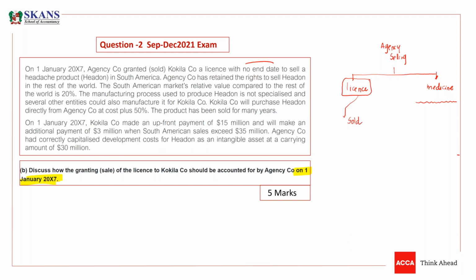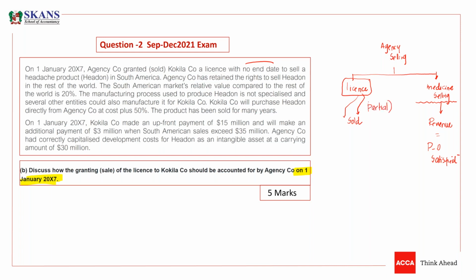The medicine selling is an ordinary activity of agency, so it will be a part of revenue, but obviously revenue can only be recognized when the performance obligation is satisfied. And the license has already been sold, but partially. We didn't sell the entire license.